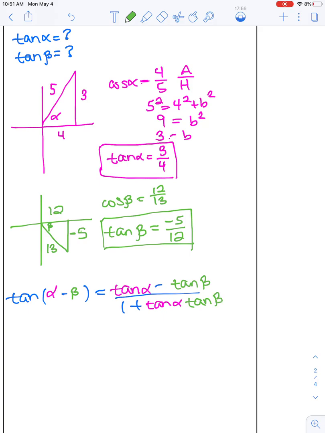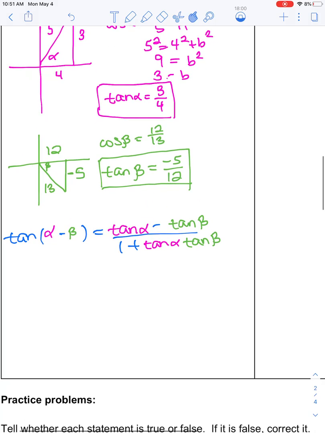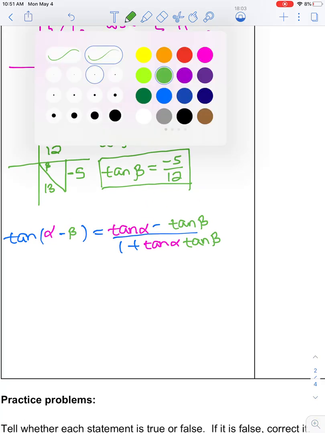Okay, and we know from our work above the value of tangent of alpha as well as the value of tangent of beta. So we're going to go ahead and plug those in.